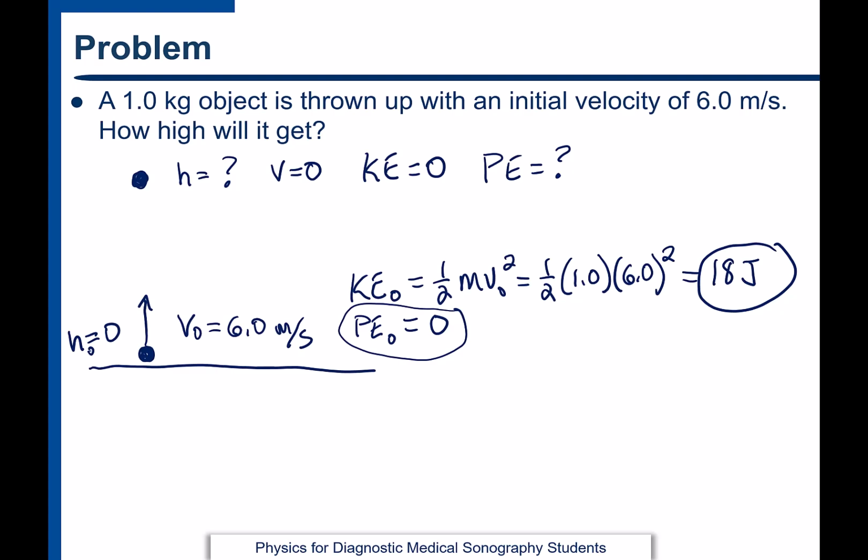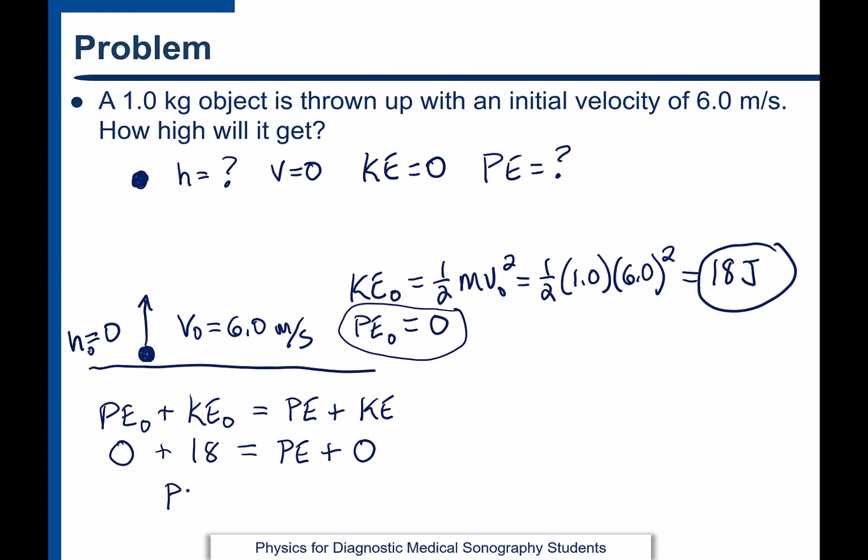Well, here we're just going to use our conservation of energy. The initial potential plus the initial kinetic is equal to the final potential plus the final kinetic. And you can probably already see what the answer is going to be. In other words, the initial potential was 0. The initial kinetic was 18. The final potential energy is what we're looking for, and the final kinetic energy is 0. So the potential energy is just 18 joules at the top.